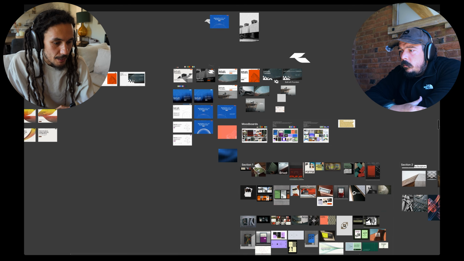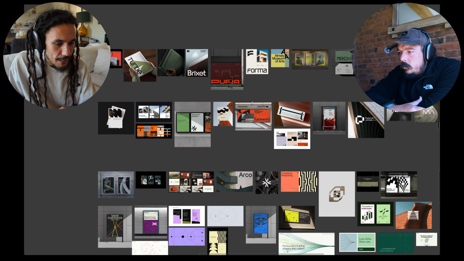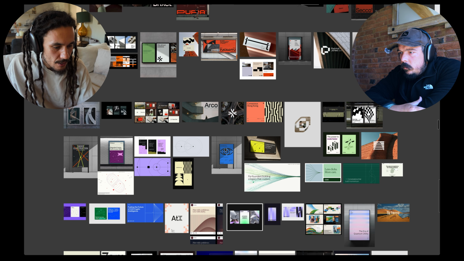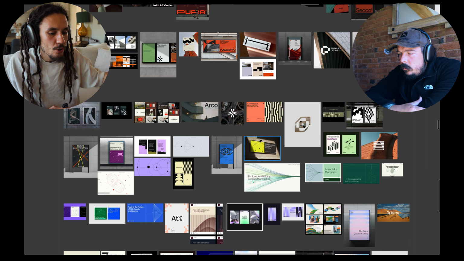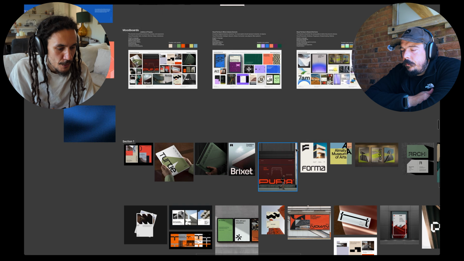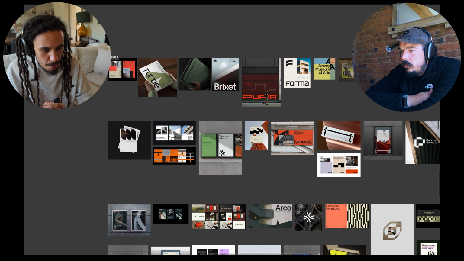But essentially what we're doing here, and this is an evolution of what we've done before, but we're looking at different brand devices just here. As we go down, I'm not going to get too much into it, but we're looking at different things that could represent, or ideas that could represent, the things we've just discussed. So as we're getting into here, we're looking at typography, we're looking at color, layout, composition.